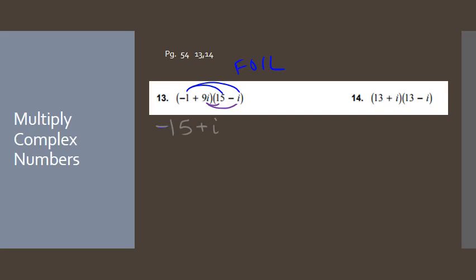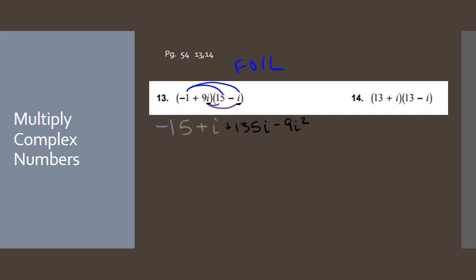And let's do that part in black. So that would be, let's see, 15 times 9 would be 135I, because it's non-I times 15. And then non-I times negative I is negative 9I squared, because it's I times I. I times I would be I squared.